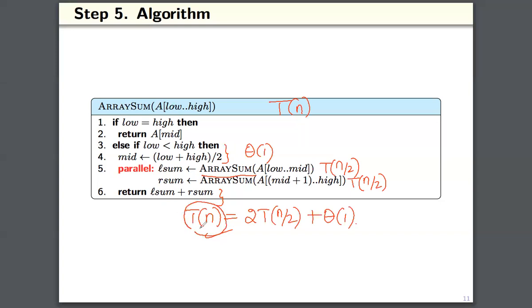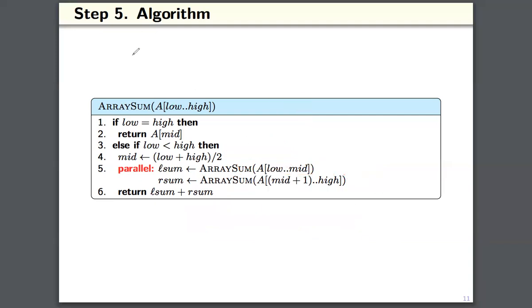T of n for the original problem: look at the time for the first subproblem, time for the second subproblem, and so on. Add them up. Here it is T of n by 2 plus T of n by 2, so 2T of n by 2, done. Plus, what is the extra work you do for splitting, combining, comparing, whatever? That's theta 1.